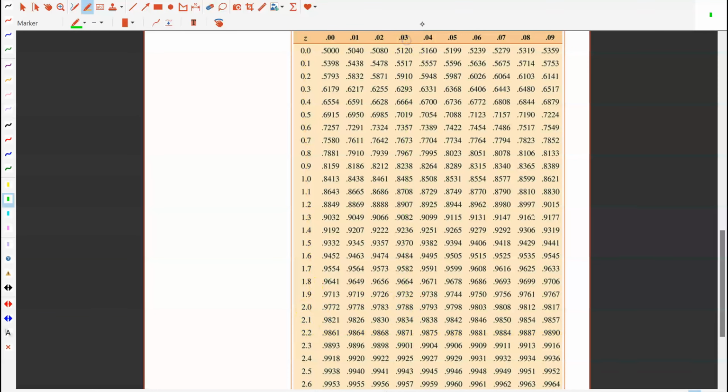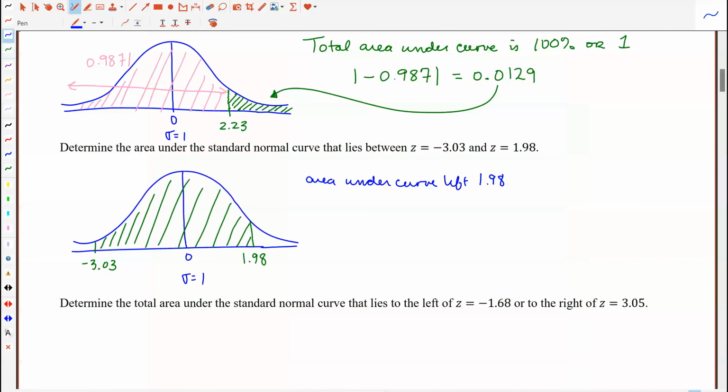So I've got 1.98. So here's 1.9. So I'd be looking across that row. Coming up here, here's the 8. So I'm going to be coming down that column. So this is the value I want, 0.9761. So the area under the curve to the left of 1.98 is 0.9761.